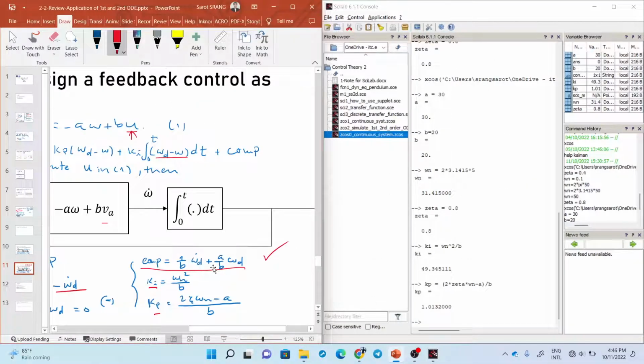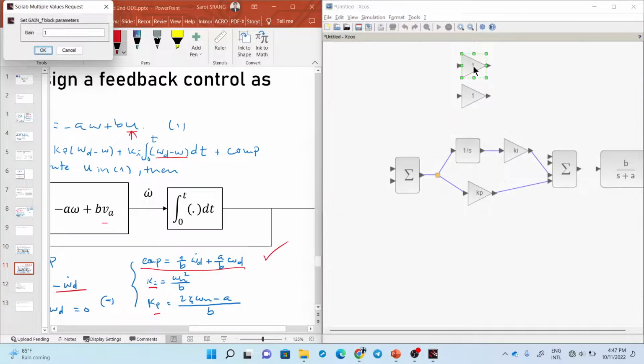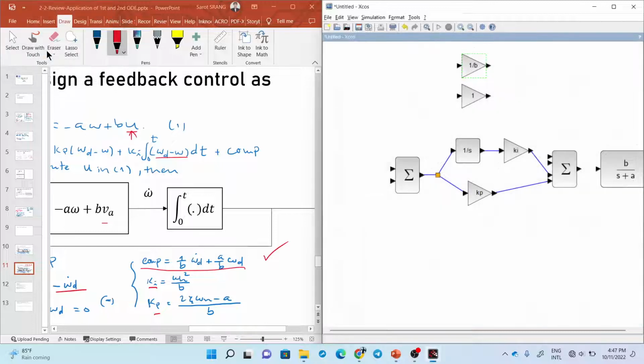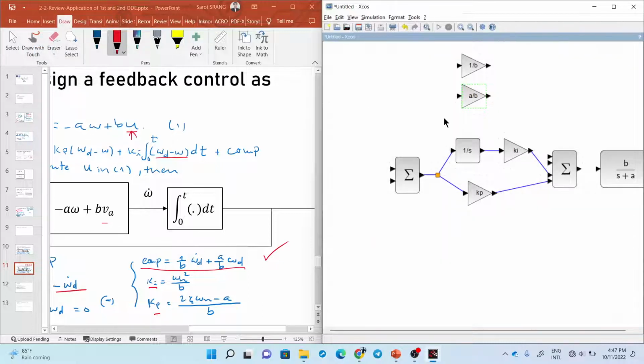Compensation is 1 over b omega d dot plus a over b omega d, okay? So 1 over b, 1 over b, and this one is a over b, okay? So a over b times omega d.